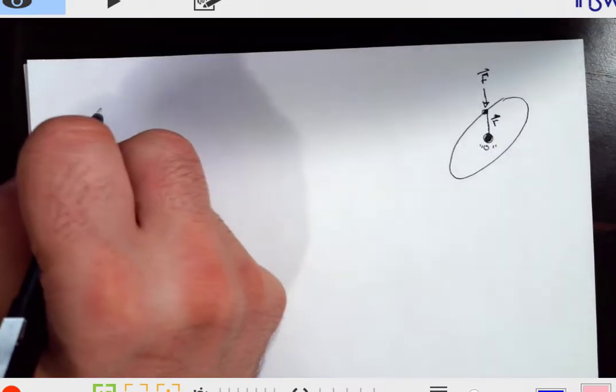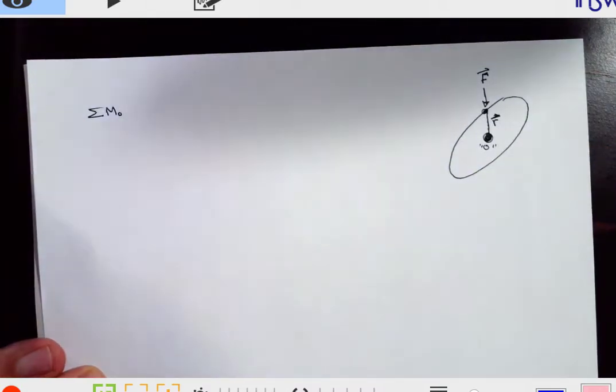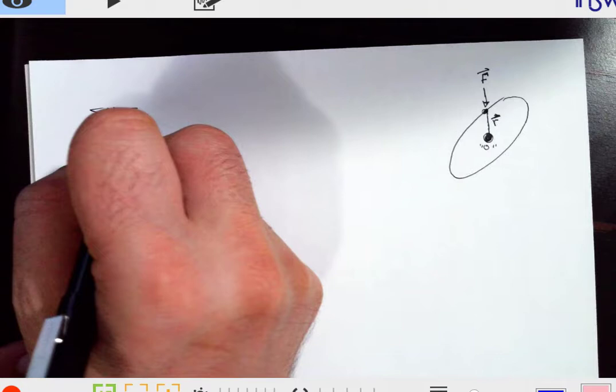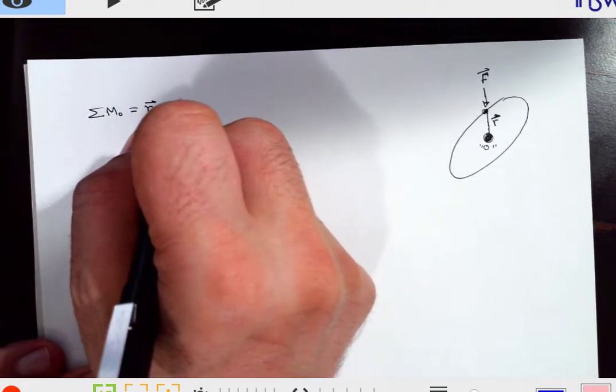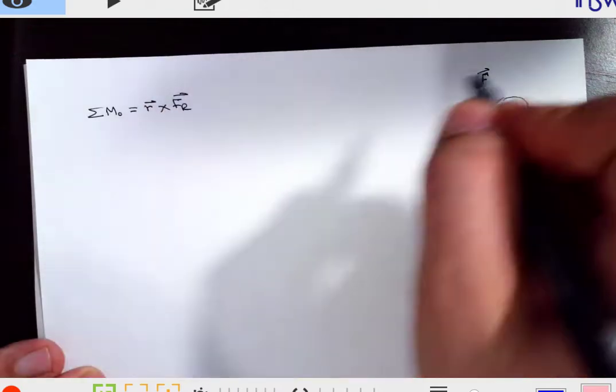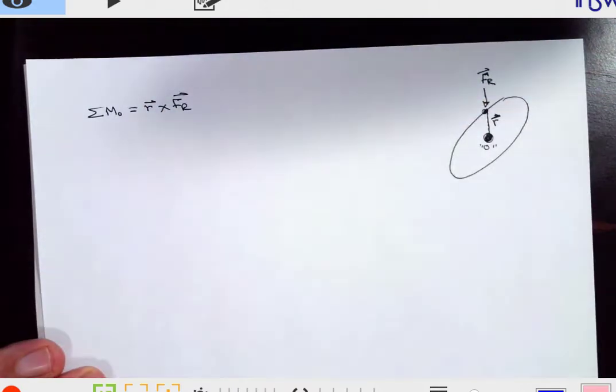Okay, so the moment of this force F at any location is simply R cross the resultant force at any location.